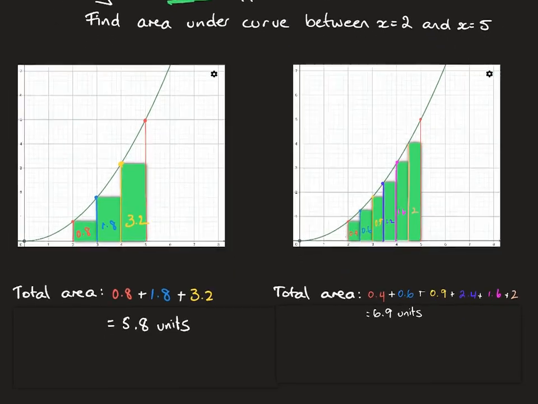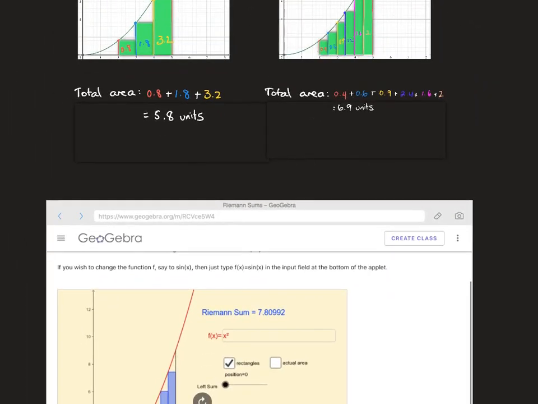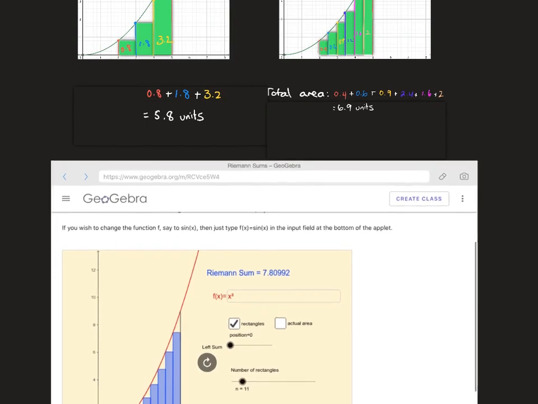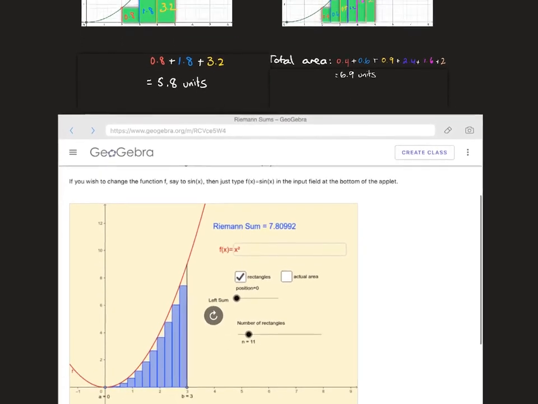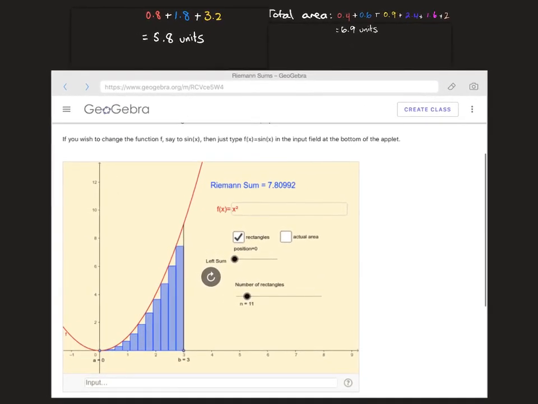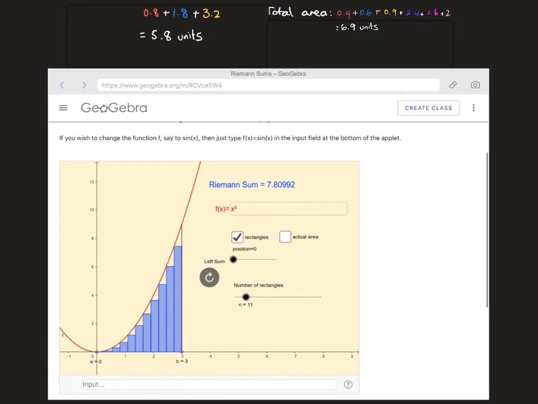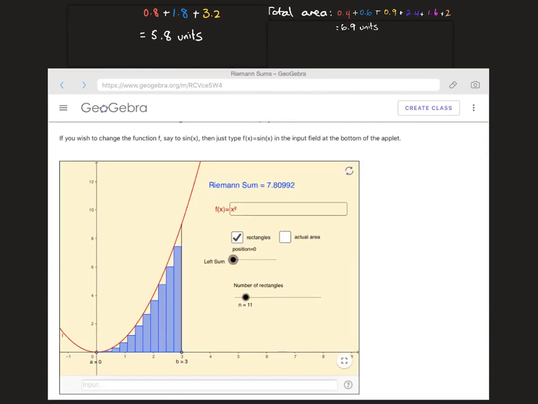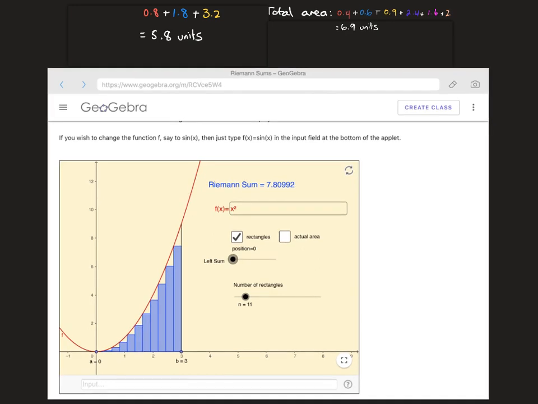Let's have a look at that in a little bit more detail using this activity here. If you want to look at this and play with this yourself, you can see that I've left the URL up here for you. So we generally refer to these sums as Riemann sums.